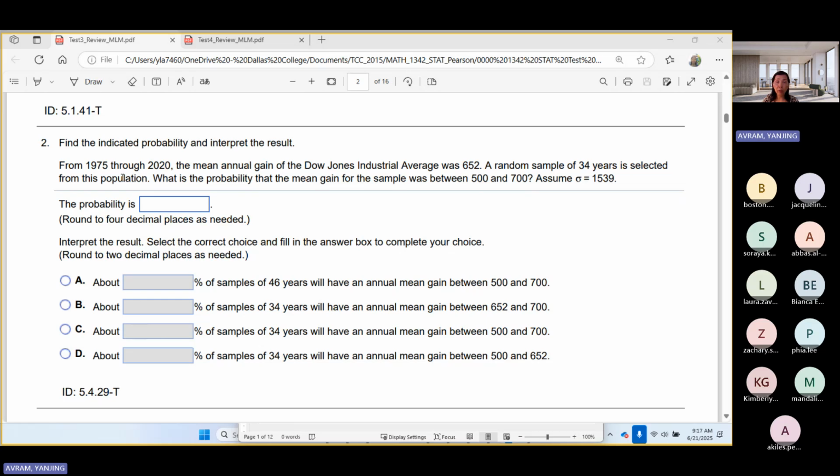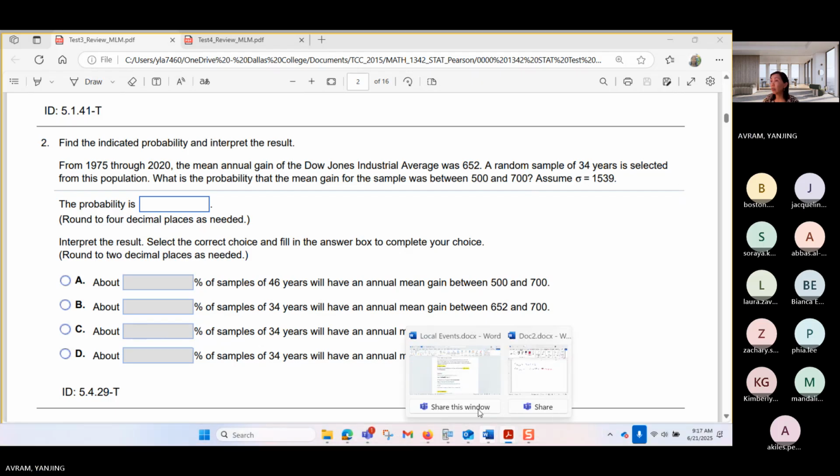So you have to read the question very carefully. The mean annual gain is the X bar. So let's write down whatever we know.